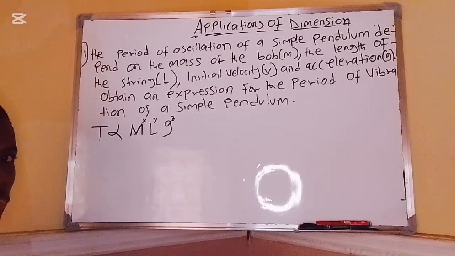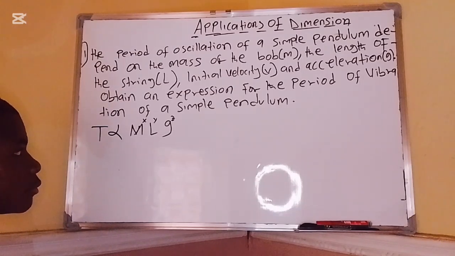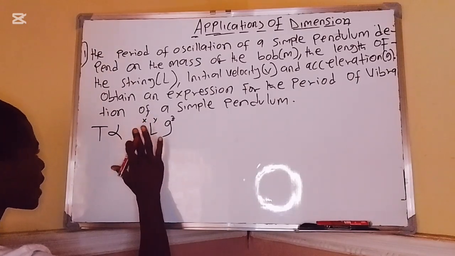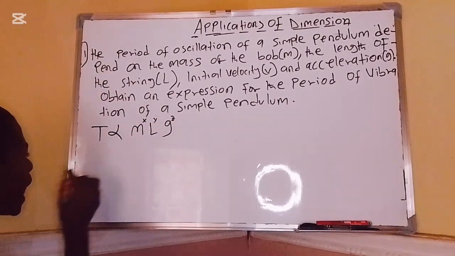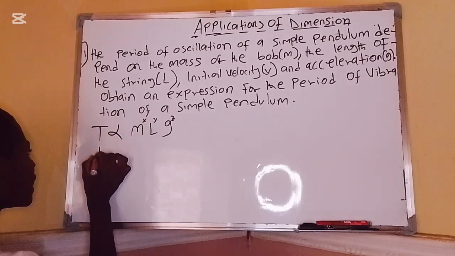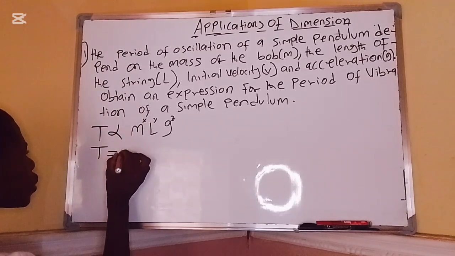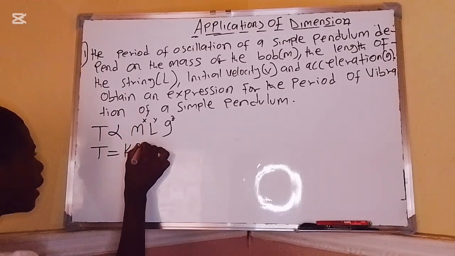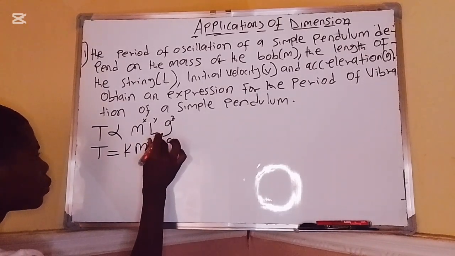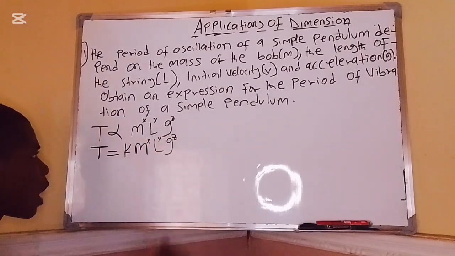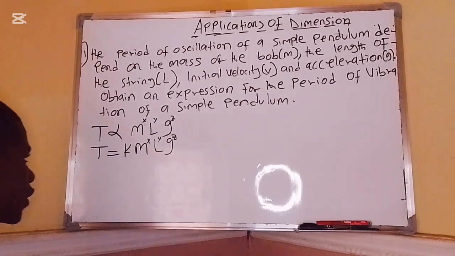What next am I going to do? The next thing is that this is the same thing as m, not capital M. If I say T, it is equal to K, m to the power x, L to the power y, and g to the power z. How did I introduce this K?